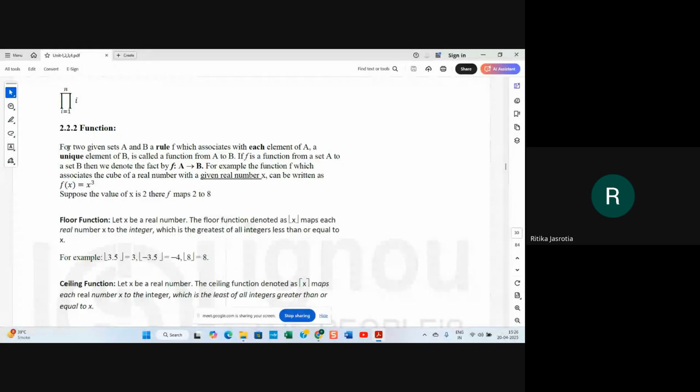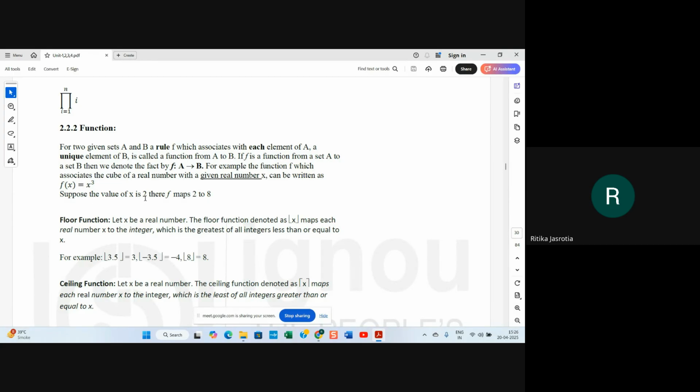Then function. For two given sets A and B, a rule f which associates with each element of A a unique element of B is called a function from A to B. If f is a function from a set A to a set B, we denote the fact by f: A → B. For example, the function f which associates the cube of a real number with a given real number x can be written as f(x) = x cube.